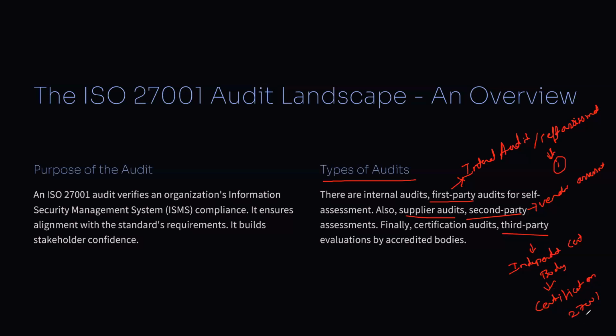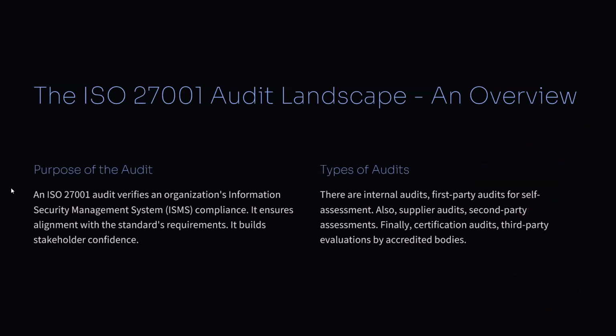With that certification you will also get the ISO 27001 badge. You can use that badge for marketing or multiple purposes. So we have three types of audit: first party, second party, third party. Internal audit, vendor assessment, and then your certification audit.